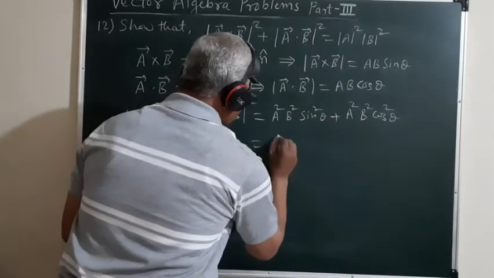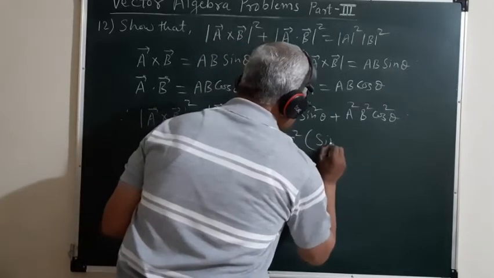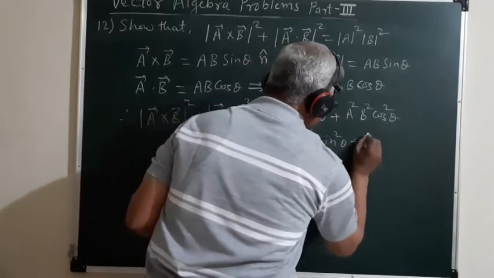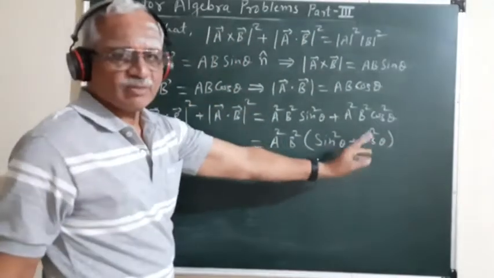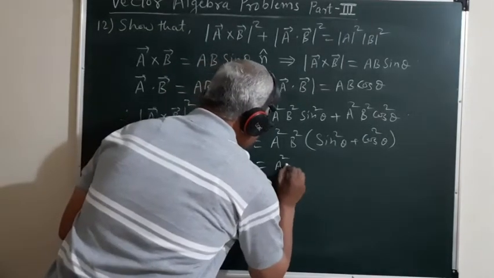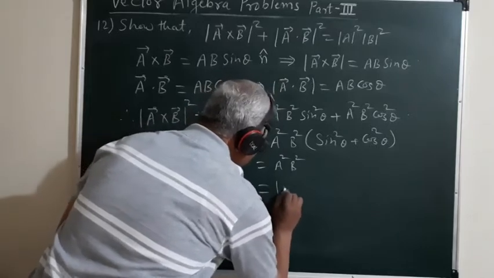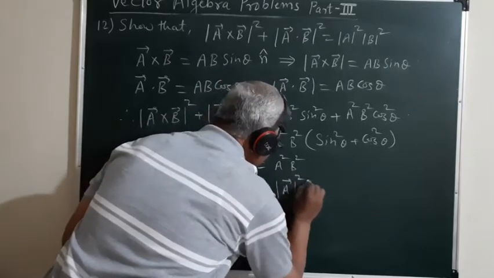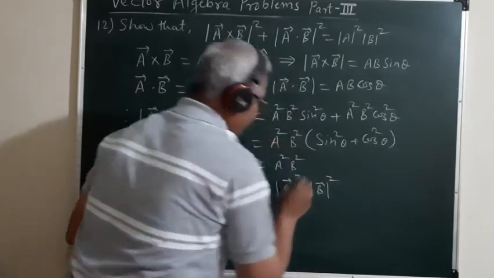So this is equal to a square into b square into bracket sin square theta plus cos square theta, and sin square theta plus cos square theta is 1, so this is equal to a square into b square, or this is nothing but equal to mod a bar square into mod b bar square.